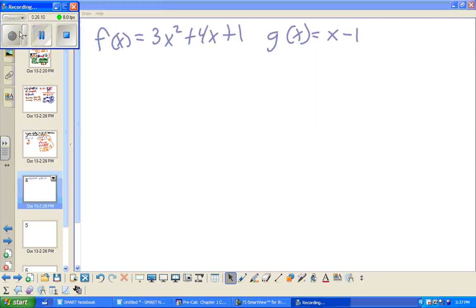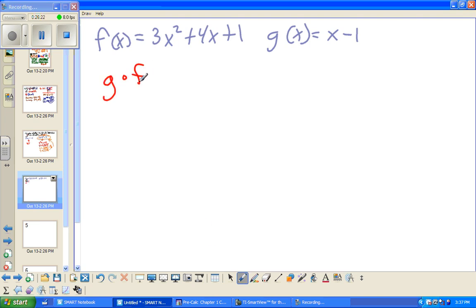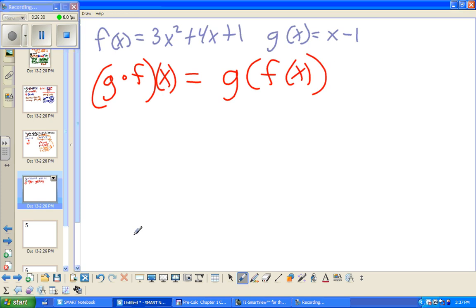Next, I'd just like to review compositions. If I asked for g of f of x, in either of these ways, that's saying take the function g of x, and anywhere that there's an x, replace it with f of x.